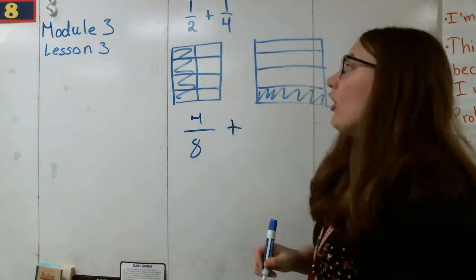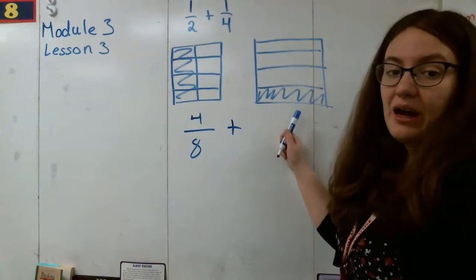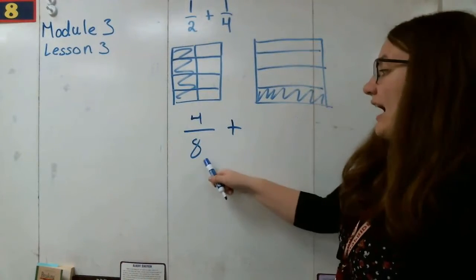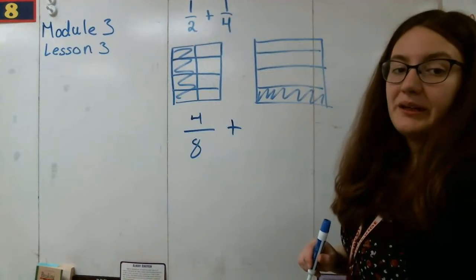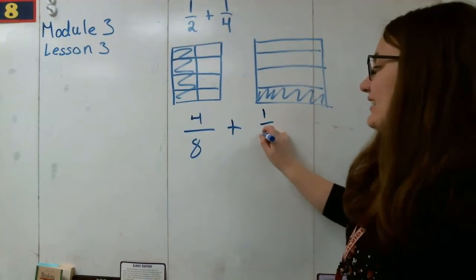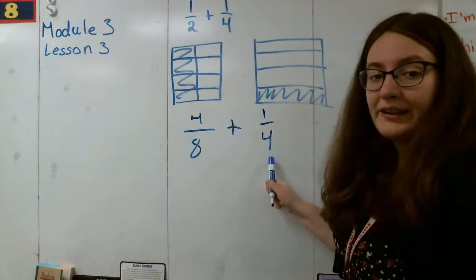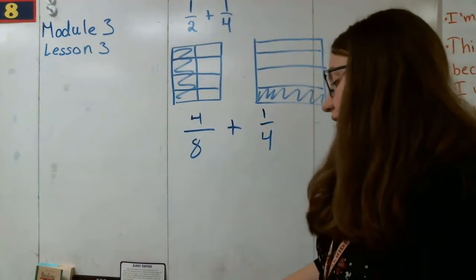But I also need to change this model to have a denominator of 8 as well, because I can't yet add 4/8 plus 1/4 because my denominators still do not match.